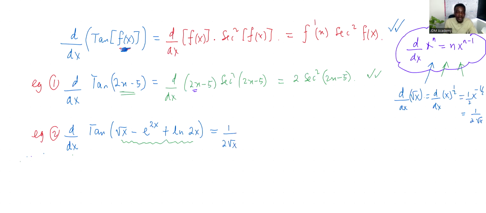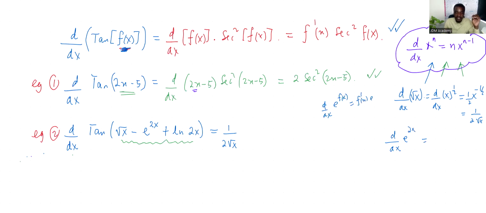And then the next thing, what is the derivative of minus e to the power of 2x? What is the derivative of e to the power of 2x? Remember, in another video, we have covered how we differentiate an exponential function. If we are looking at the derivative of e to the power of f of x, what you need to do is find the derivative of f of x, then multiply the result by e to the power of f of x.